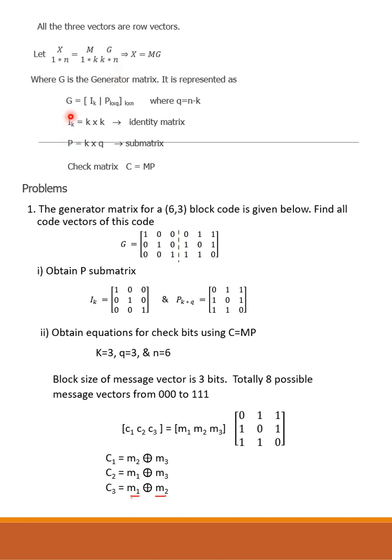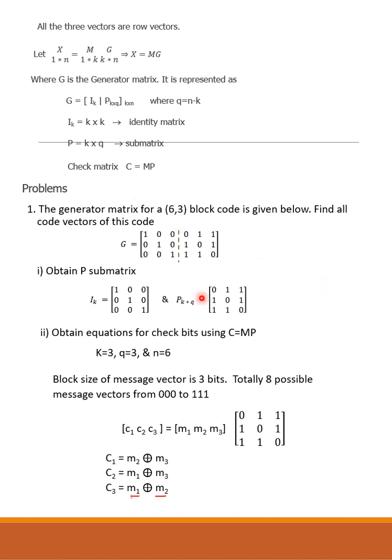G is a combination of I and P, where I is the identity matrix and P is the submatrix. The size of the identity matrix is k cross k, and the size of the submatrix is k cross q, where q is n minus k, that is, the check bits. The check matrix C is represented as C is equal to M into P.